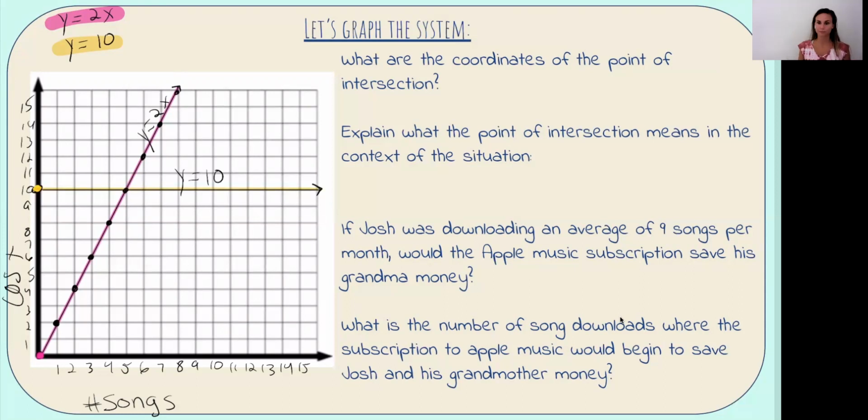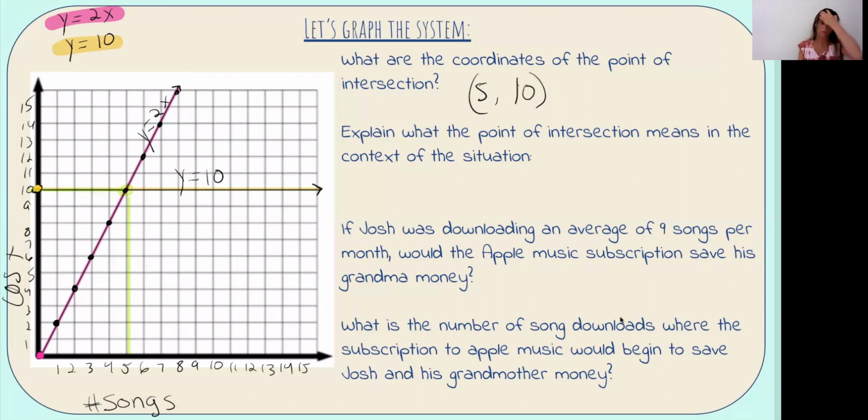Very important. So what are the coordinates of the point of intersection? This little green one that I highlighted here, it's going to be 5, 10.